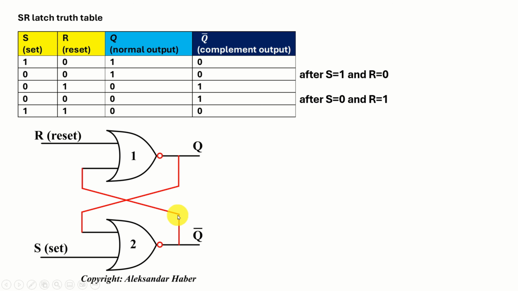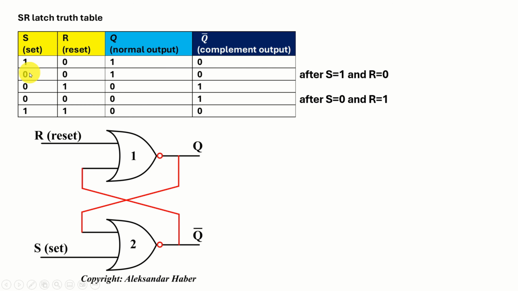Then this 0 will be fed through this feedback loop and connected to the input of the first gate. Now over here we have 0 and reset is 0, and since this is the NOR gate, the output will be 1, and consequently the normal output is 1 and the complement output is 0.